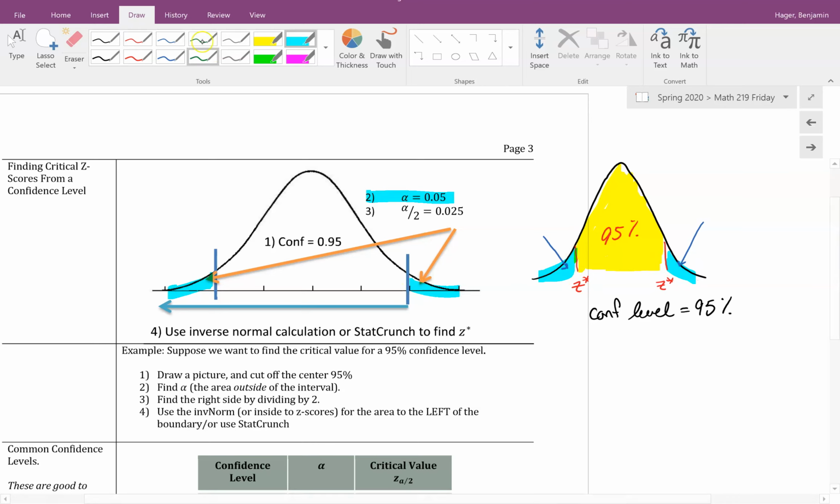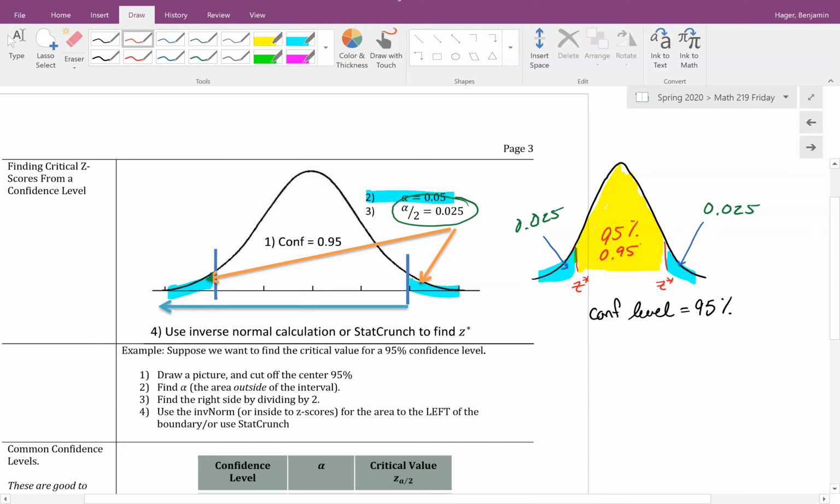If you want to find the z-score that obtains that particular area, remember the way our z-tables work is I would just look for the area left of this particular number. Or if you were to take this blue shaded area and cut it in half, which is what they're doing here, we would see that this area is 0.025 and this area is 0.025. And again, the area inside is 0.95. They all add up to 1.